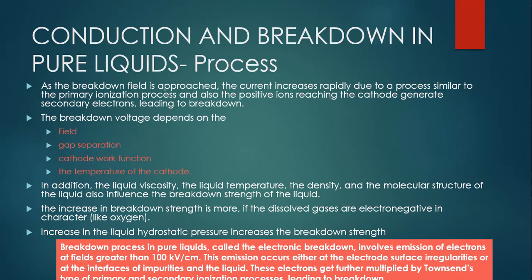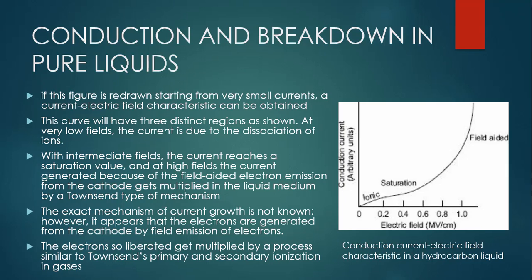So we have seen the characteristic of pure liquids, which have very low to zero impurities. The way breakdown occurs in the liquids at a high electric field is almost similar to Townsend's equation of gas breakdown.